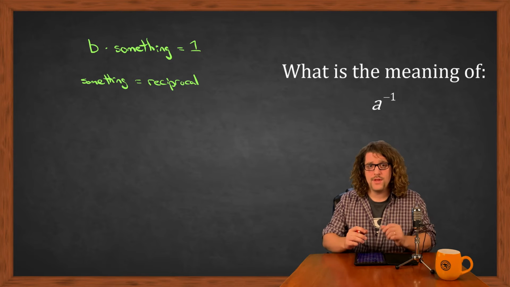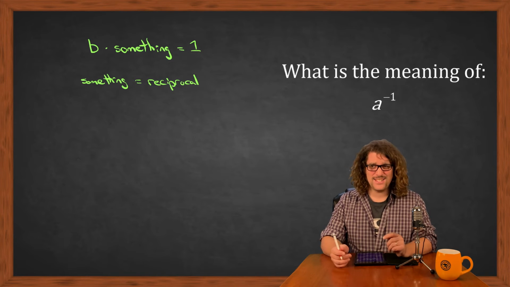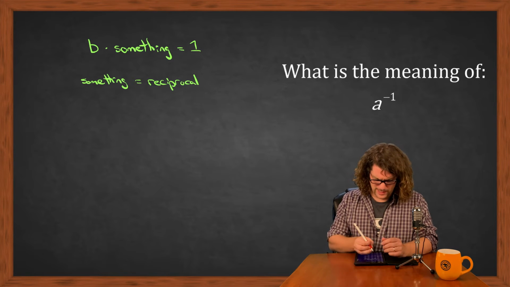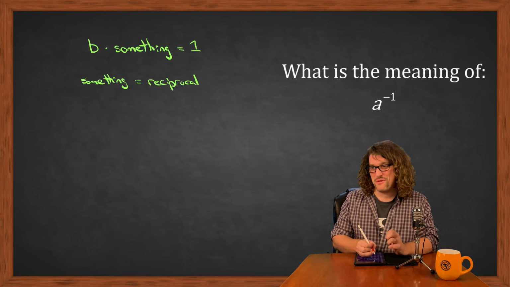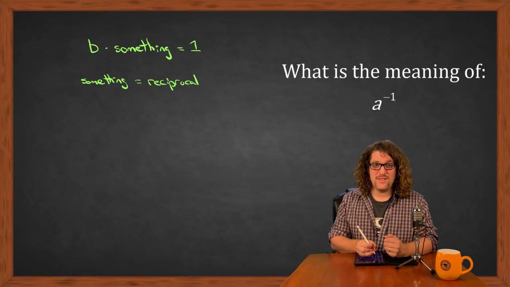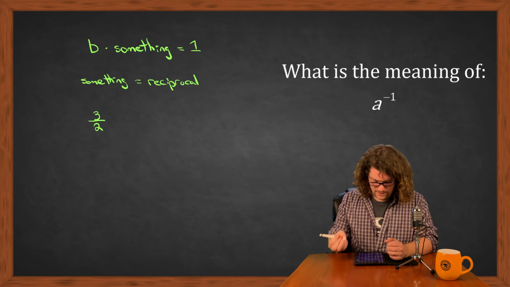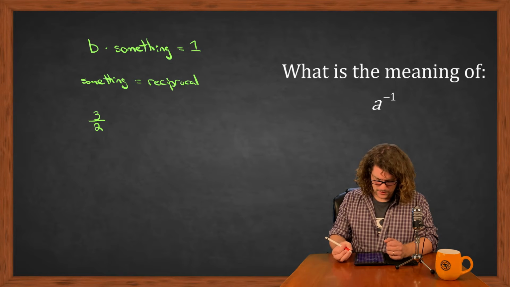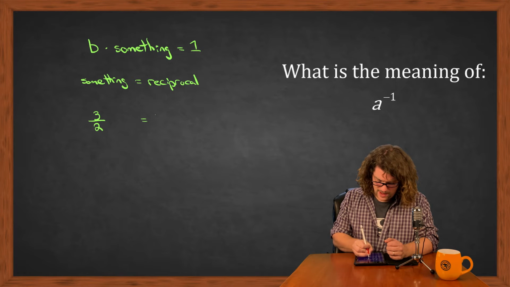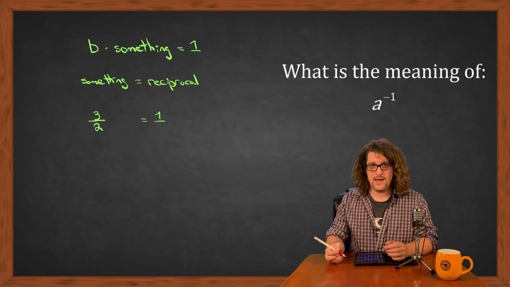In the case of, for instance, it's actually easier to see with a rational number that is not a whole number, say for instance like 3 over 2. If I take the value of 3 over 2, what can I multiply that by to give me 1 in the end?